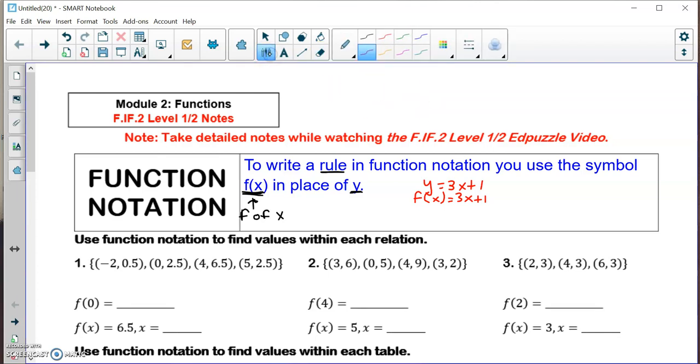All right, and now a couple of things to keep in mind is that f is not a variable. What f means is that we're dealing with a function.